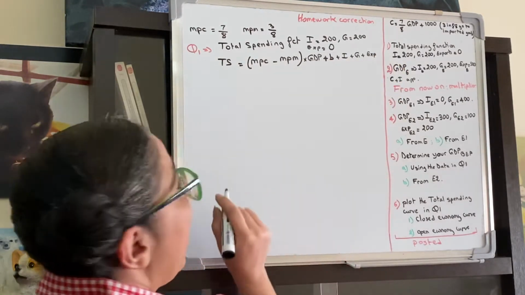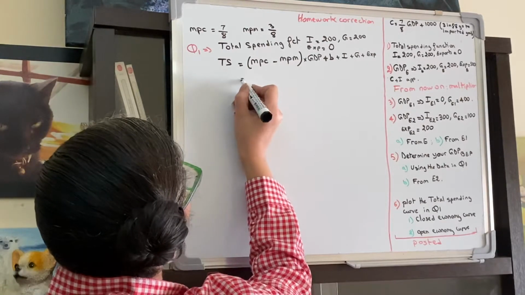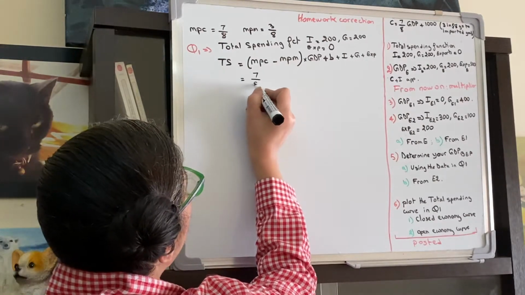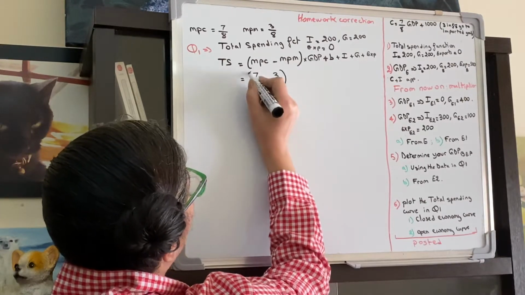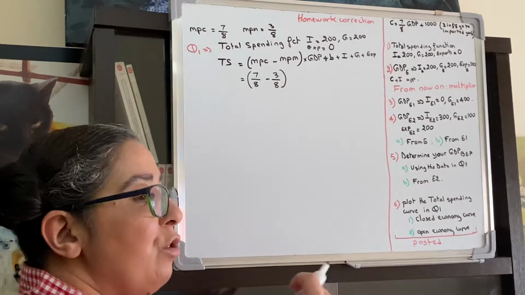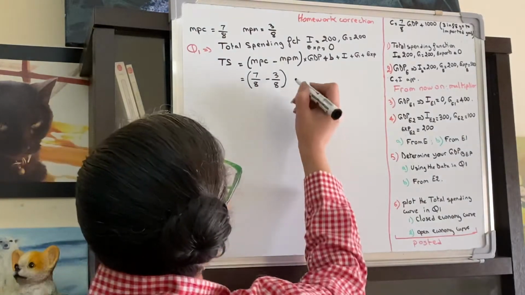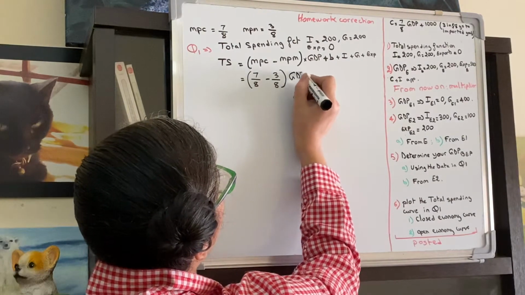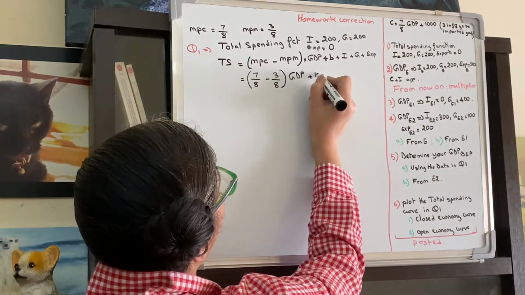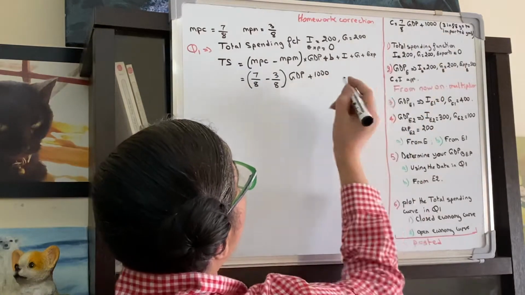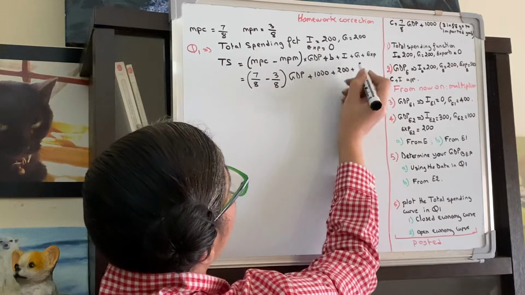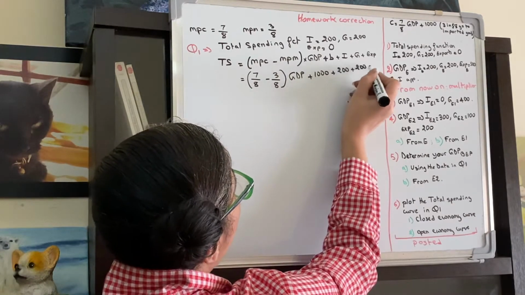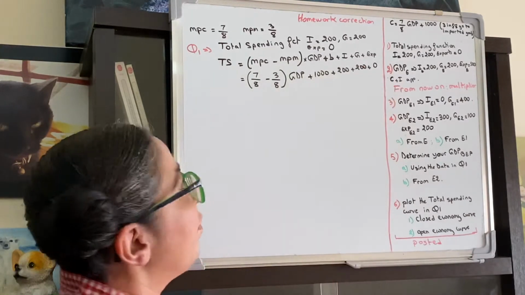Okay, let's apply it to our example. So it's 7 over 8 minus 3 over 8, that would be the proportion you spend locally, times GDP plus 1000, which is my B, plus 200 plus 200 plus 0 for exports.